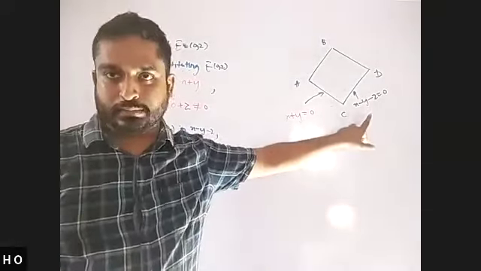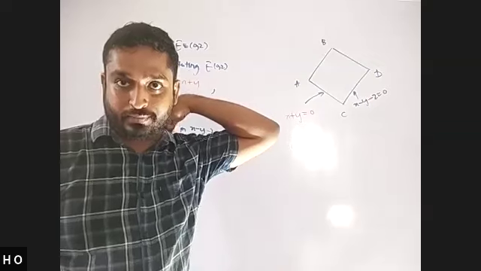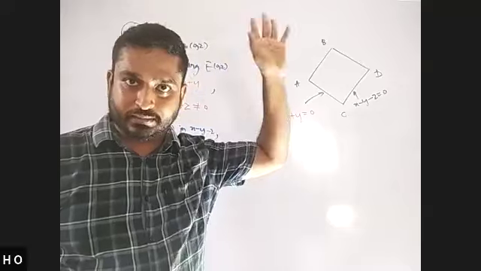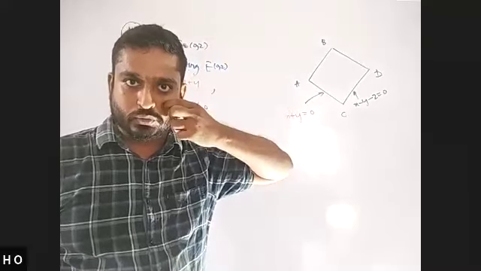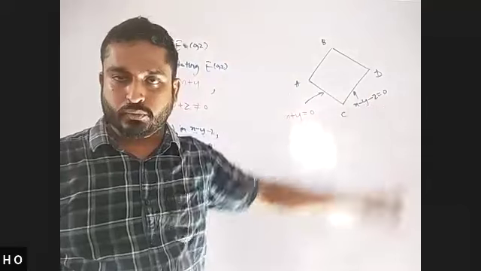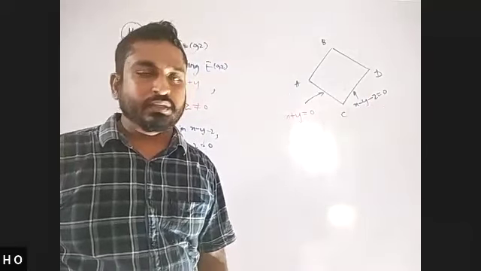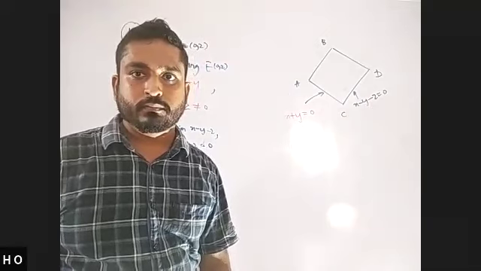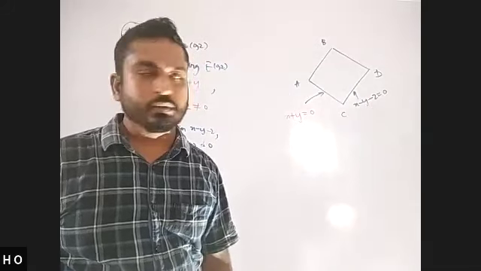Earlier I got x minus y minus 2 equals 0, but in the continuation I made it plus 2 equals 0 after erasing the first answer.